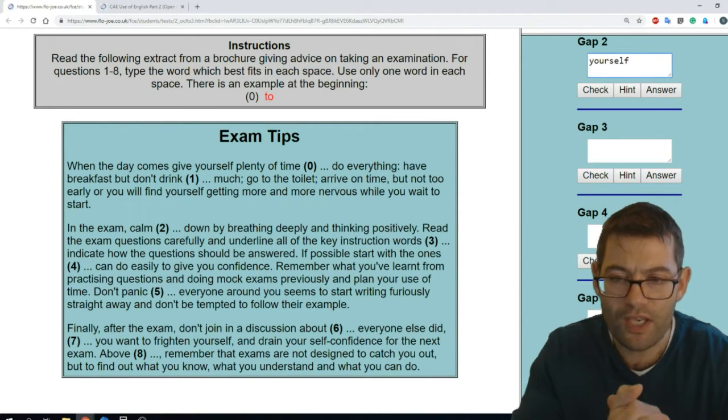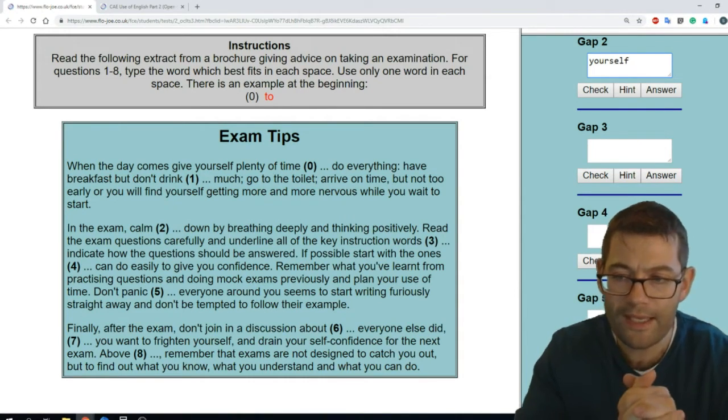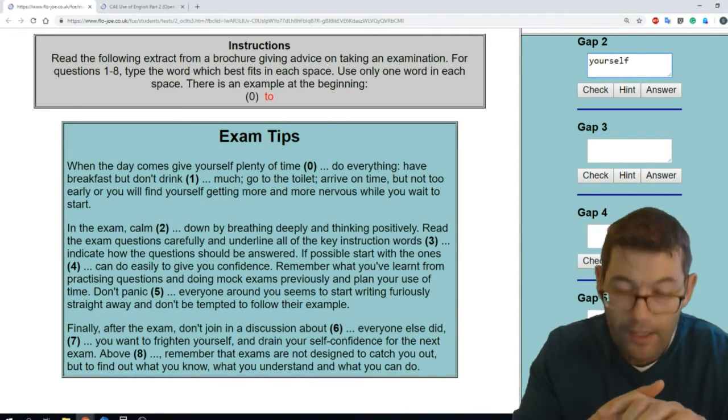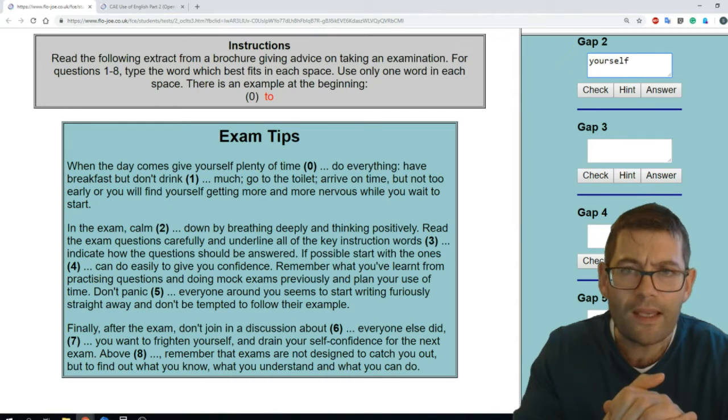Read the exam questions carefully, good advice, and underline all of the key instruction words that indicate how the questions should be answered. What do we need here?